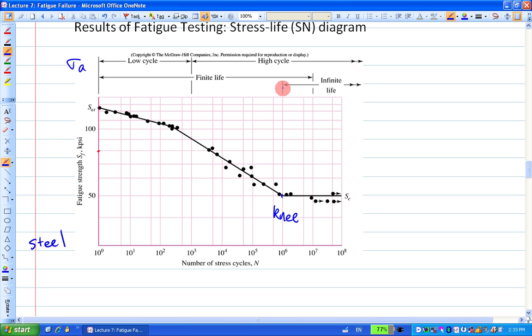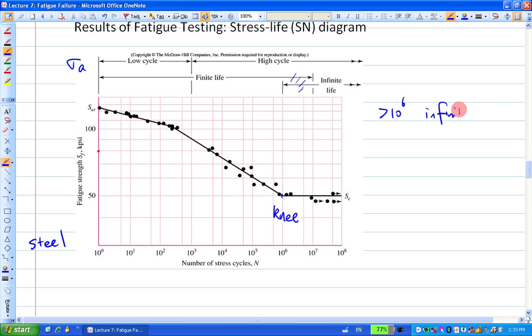Larger than 10 to the power 6 is infinite life. There is a little overlap between finite life and infinite life here. That's essentially the fatigue design. Generally, it's not a very rigorous scheme. So what we do is, for anywhere greater than 10 to the power 6, that is our standard, we consider it as infinite life.